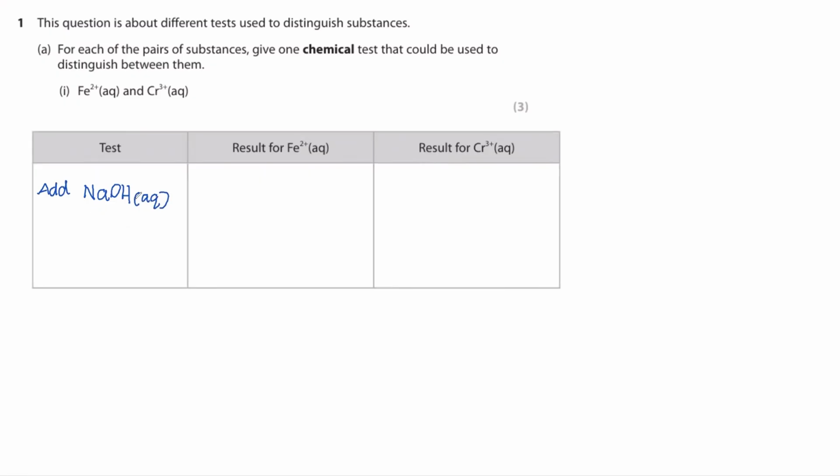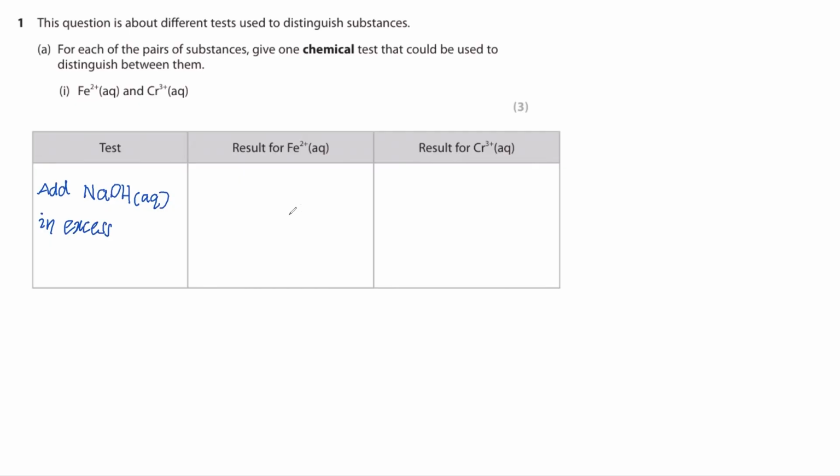So you can write sodium hydroxide (aq). They know that you are talking about sodium hydroxide aqueous solution. Add sodium hydroxide aqueous solution in excess. I'll write in excess. Why am I writing excess? There's a reason. Because both will give a green precipitate, but with excess, their observations are different.